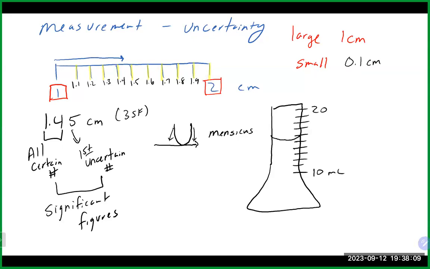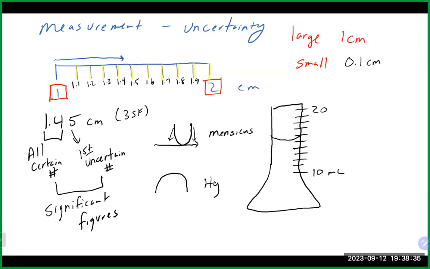Now, most things will have this sort of U-shaped meniscus. There are certain things that actually have a meniscus that goes in the opposite direction. The most common one is mercury, which they've taken out of pretty much every lab, so you probably won't see it very often, but barometers used to be made out of mercury, and you would actually see the mercury go in the opposite direction. In this case, what's happening is the opposite effect.